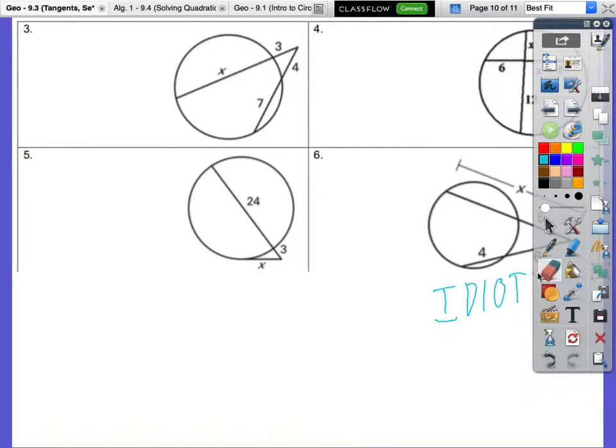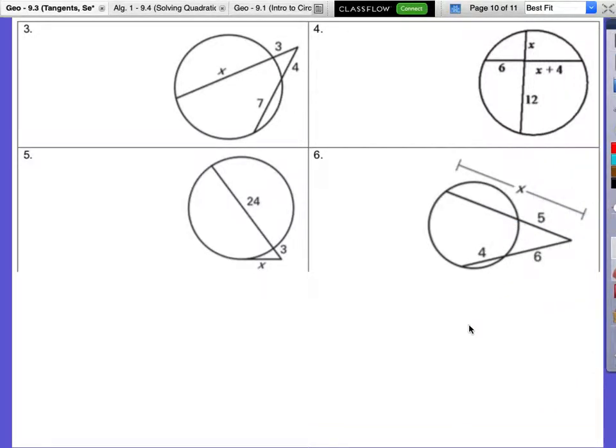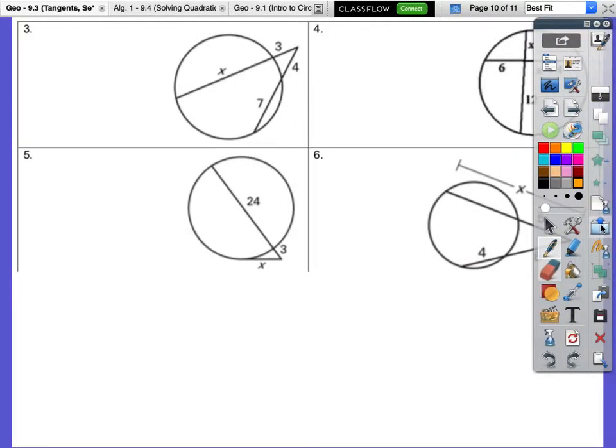It's the most common one I see as a teacher. I'm confused. You started to erase, you didn't erase. I said it was an ID10T error. Okay, we're done.